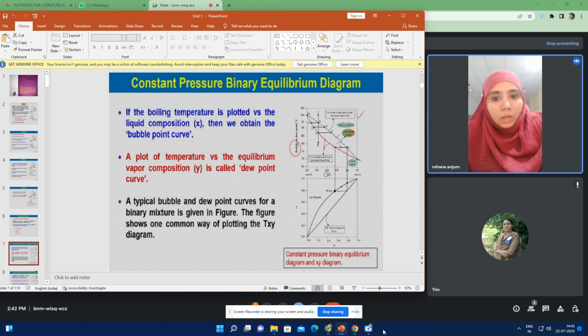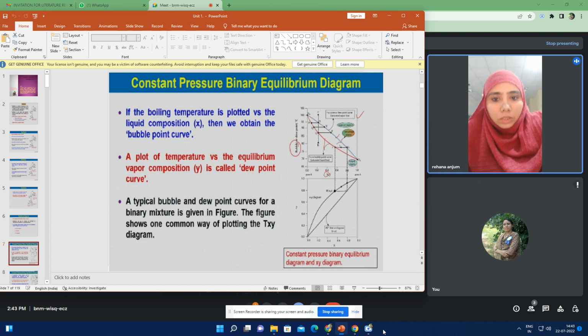This is the T-x curve, the bottom red line, also called the saturated liquid line. Now, a plot of temperature versus the equilibrium vapor composition y is called the dew point curve. In the upper figure, the blue line is the T-y curve, the dew point curve or saturated vapor line.